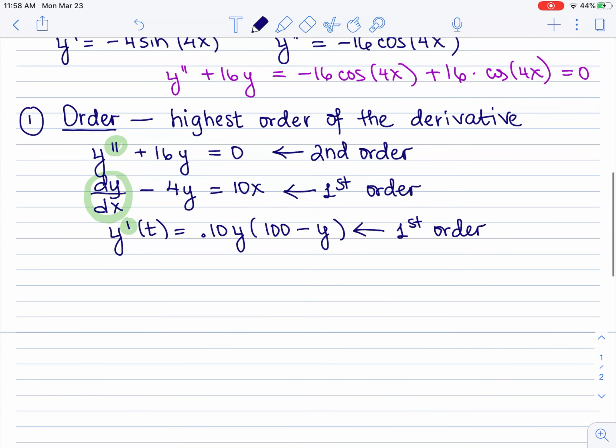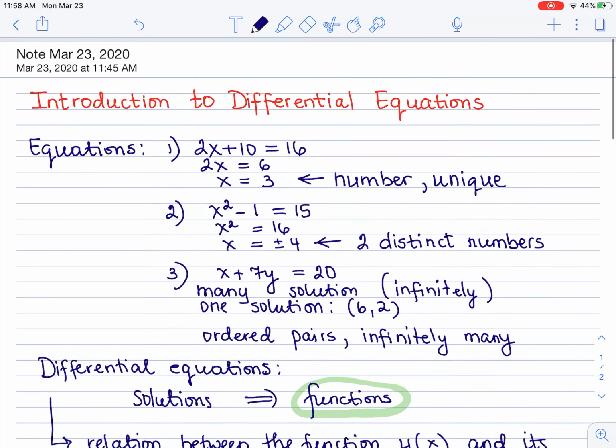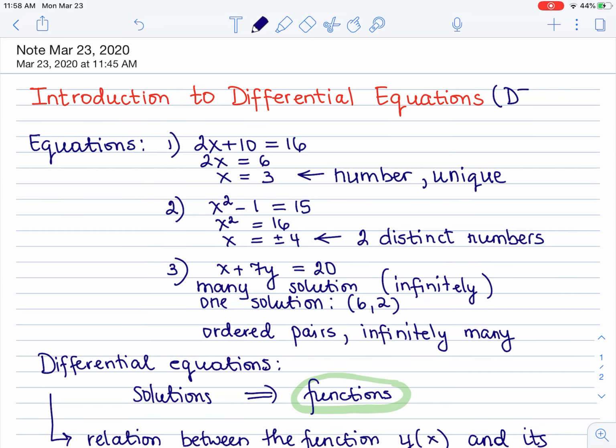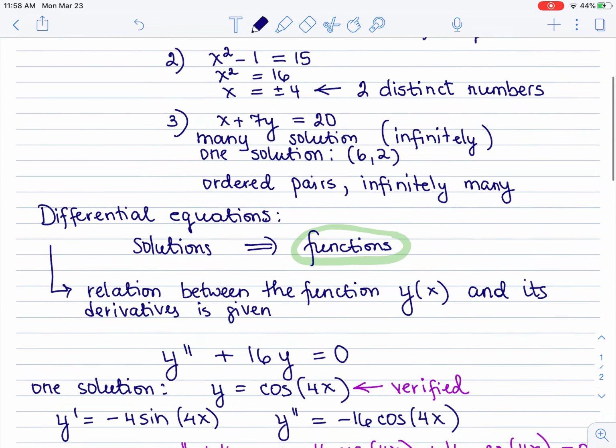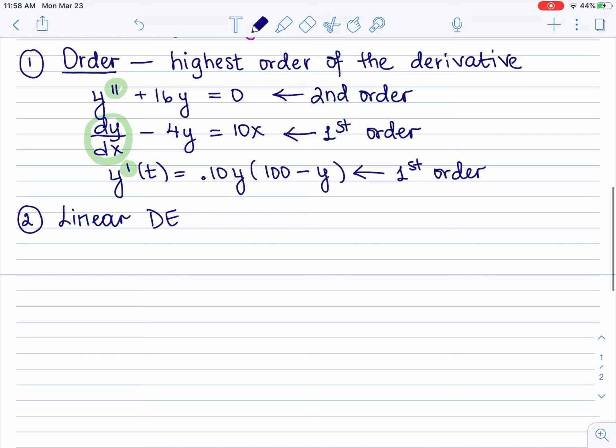Then the next terminology that I would like to discuss is linear differential equations. I'm going to abbreviate differential equations as DE. So what does a linear differential equation mean?